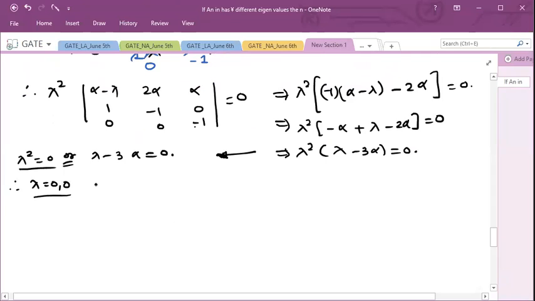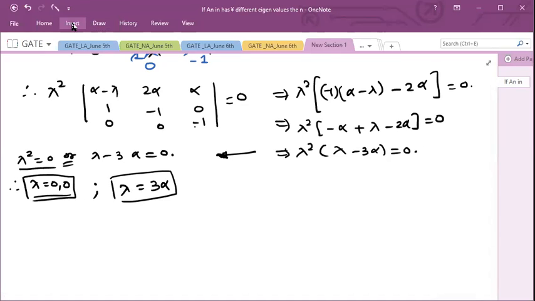Because it is square. Because if my determinant or matrix is 3 by 3, I should get 3 eigenvalues, from which here 2 eigenvalues are same. Okay. And here I will get lambda is equal to 3 alpha. So my all 3 eigenvalues of this matrix are, right?